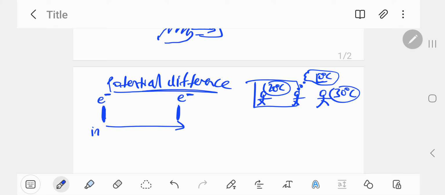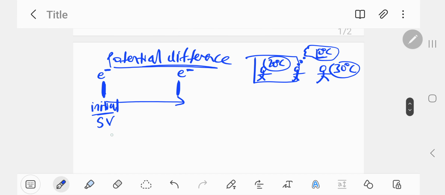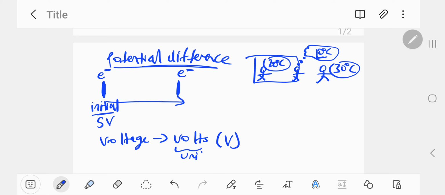At the initial position, the starting point, it experiences a potential difference of 5 volts. Voltage is measured in volts, named after Alessandro Volta, the famous Italian physicist who invented the battery. The symbol is V.